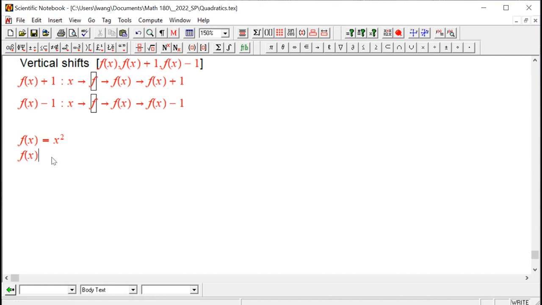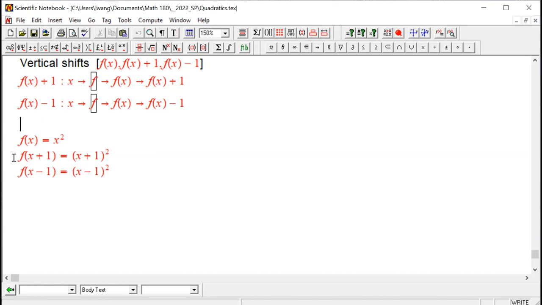On the input, I'm going to add 1. So I got x plus 1 squared. On the input, I subtract 1. Then I got x minus 1 squared. You see the difference, don't you?